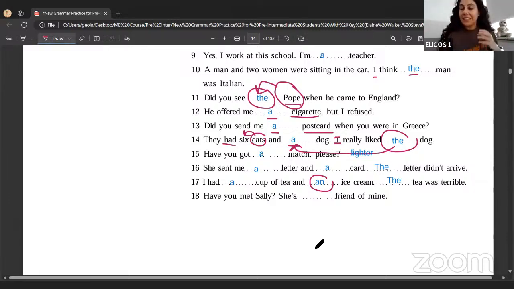So, I had a cup of tea and an ice cream. So don't go too fast to the next word. And I had an ice cream. And then, yes, the tea, because I already talked about it before, was terrible. And then if I want to talk about the ice cream, the ice cream was so good. Eighteen.